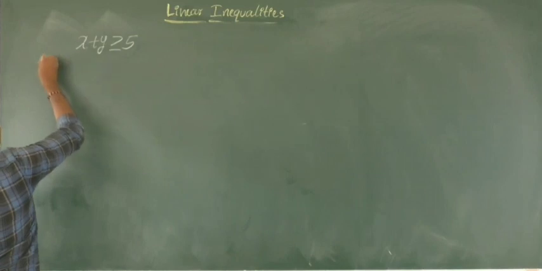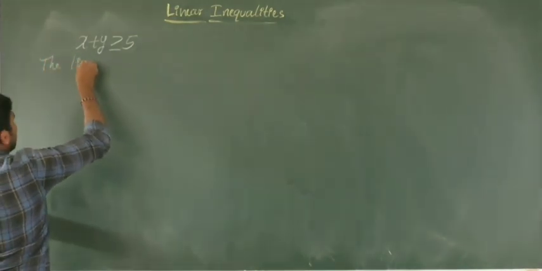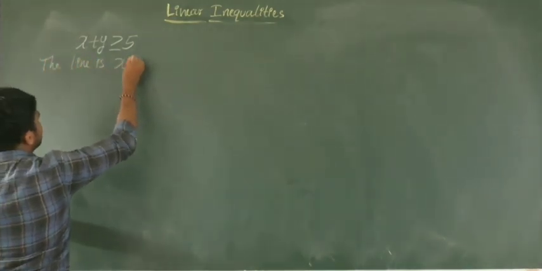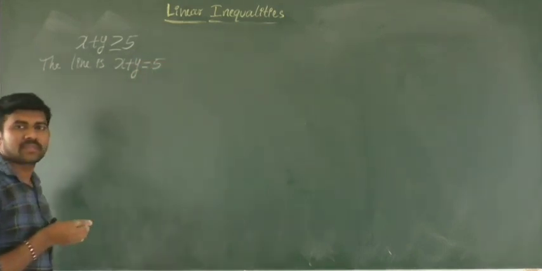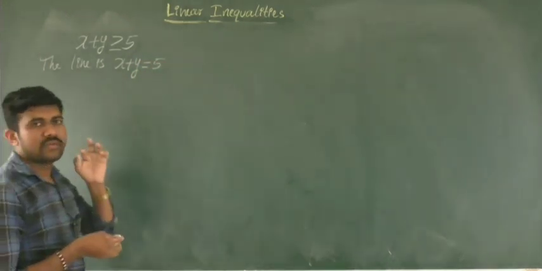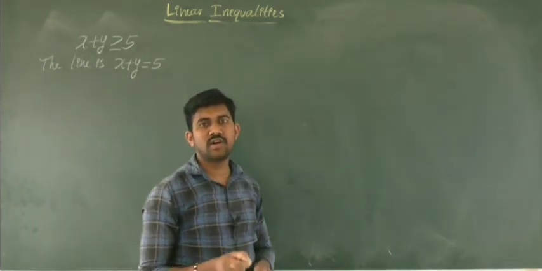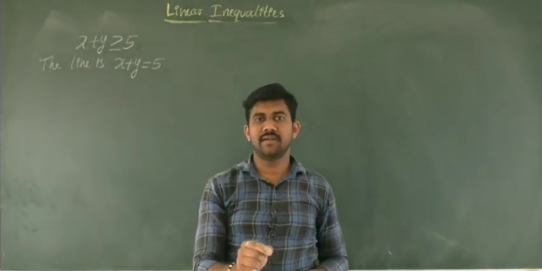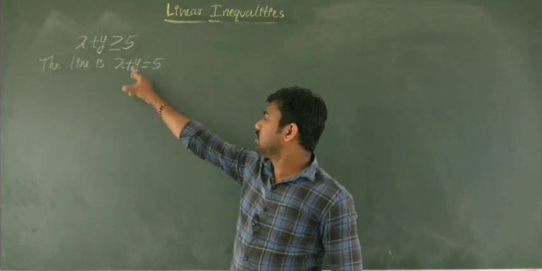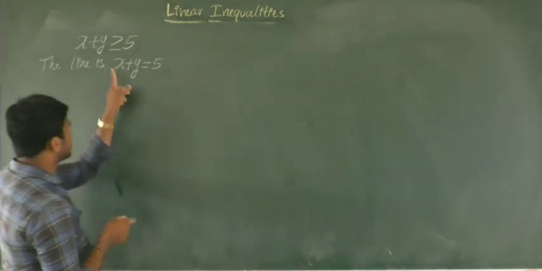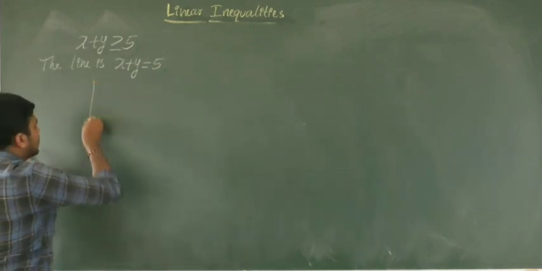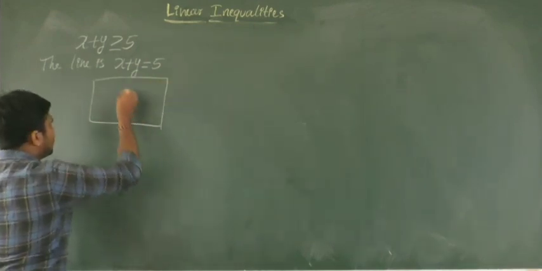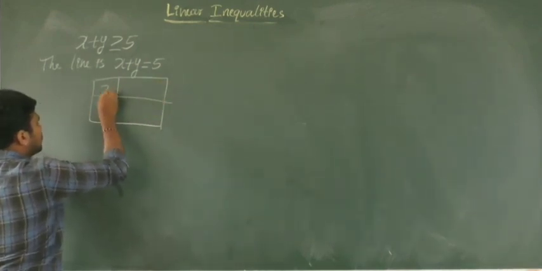So the line is x plus y is equal to 5. Now, we need to consider 2 points on the line to get the line, right? So which are the 2 points we'll get? If you consider x is equal to 0, then clearly we will get y is equal to 5. Okay, directly you can write in the box like this.